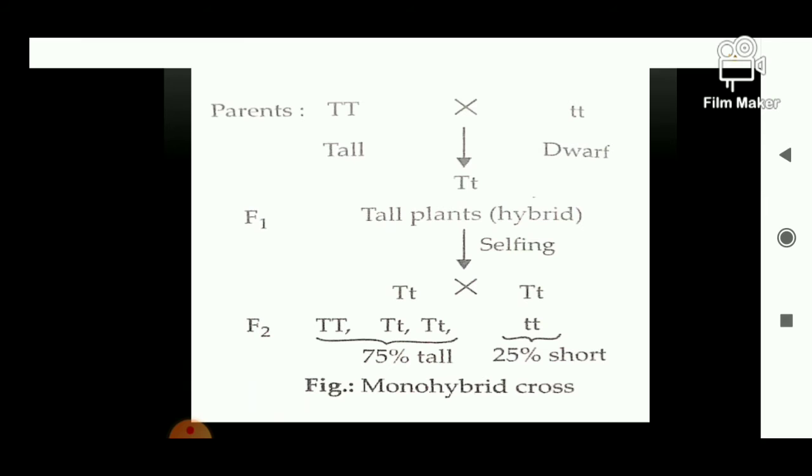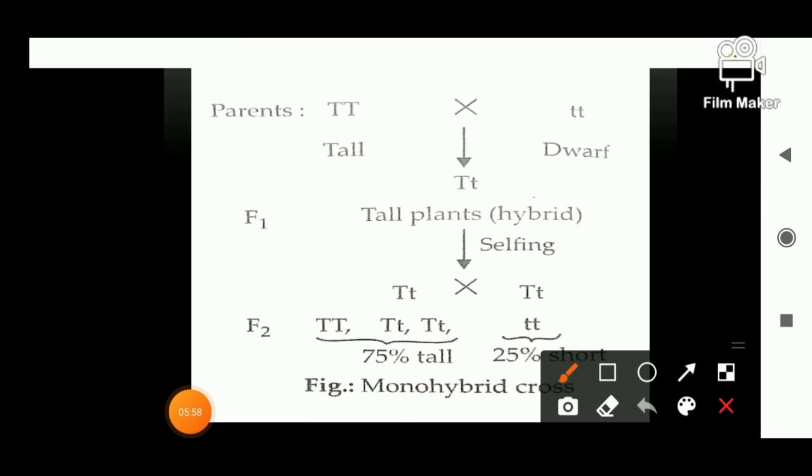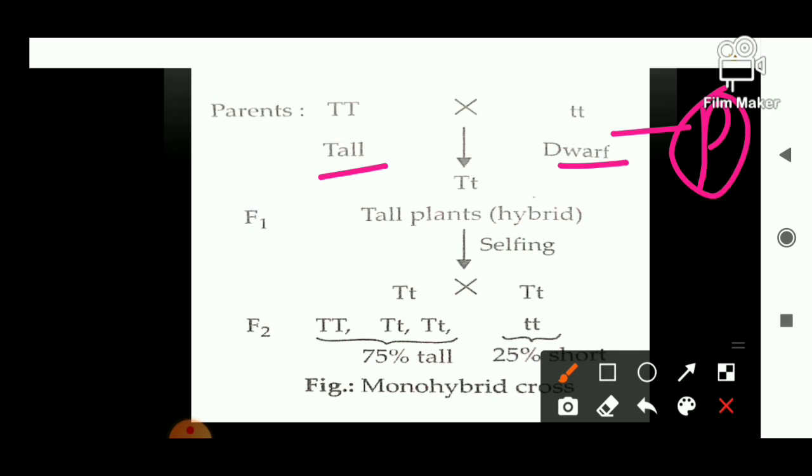And you can see in this, when this tall plant is crossed with a dwarf plant, then this first generation is called the parent generation, denoted by P. Then in the first generation, this is the combination of the alleles.